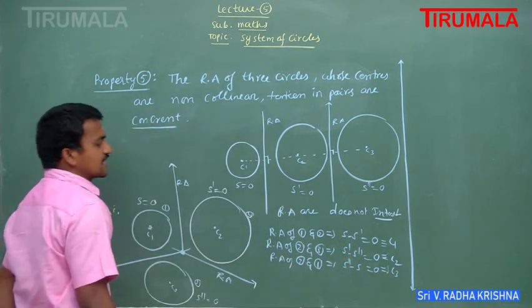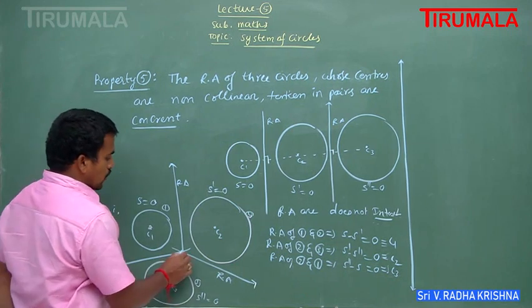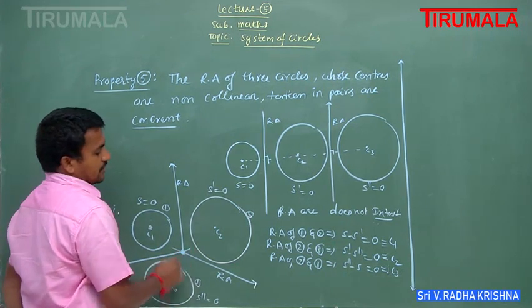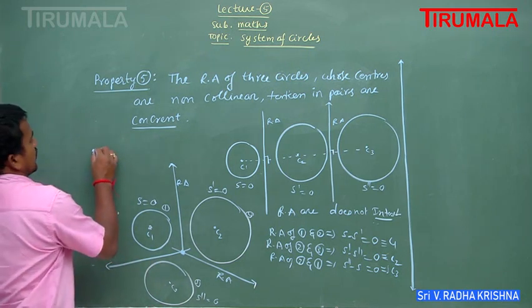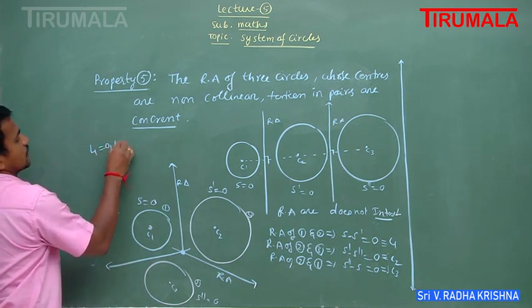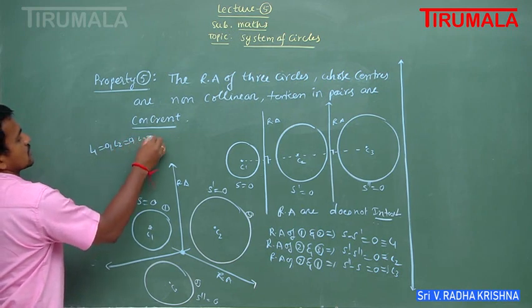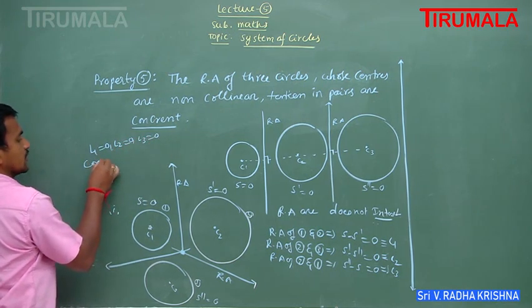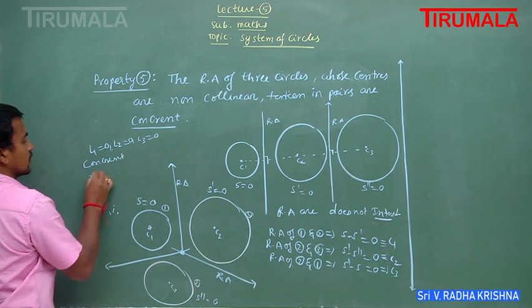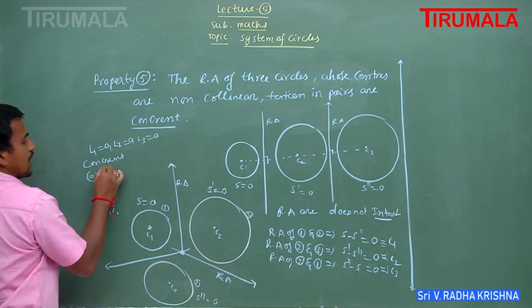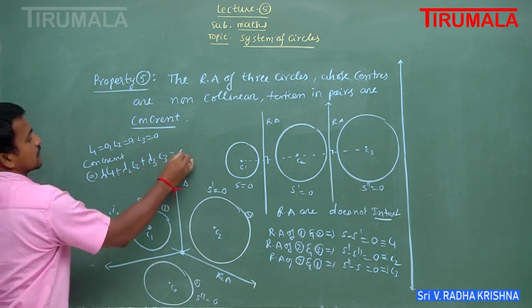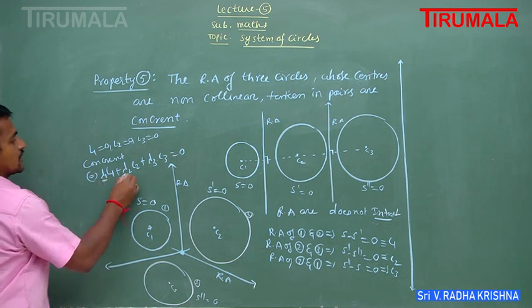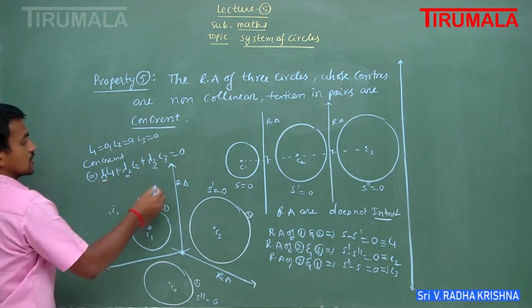So these 3 lines are here. We can prove the 3 lines are concurrent. In the first year concept, we discussed L1 equal to 0, L2 equal to 0, L3 equal to 0. The 3 lines are concurrent if and only if the condition is lambda 1 times L1 plus lambda 2 times L2 plus lambda 3 times L3 equal to 0, where lambda 1, lambda 2, lambda 3 are not all zeros.